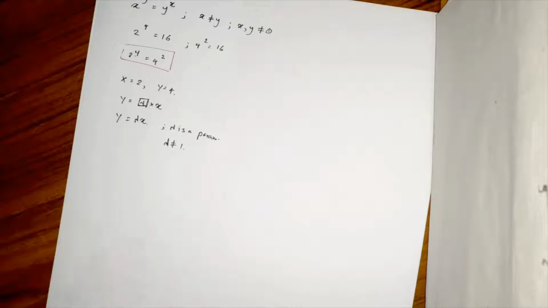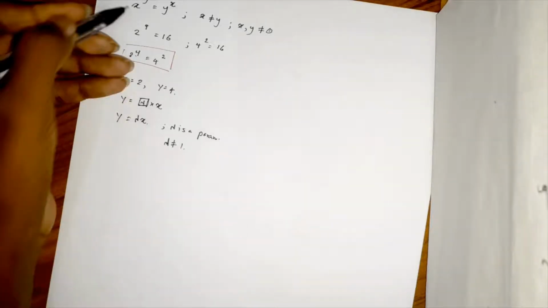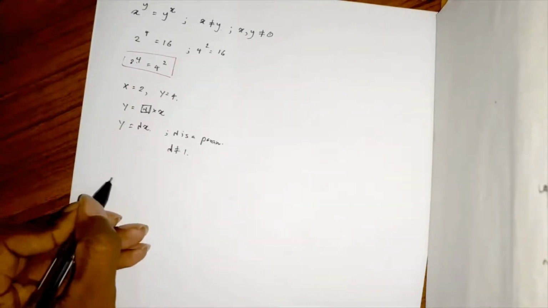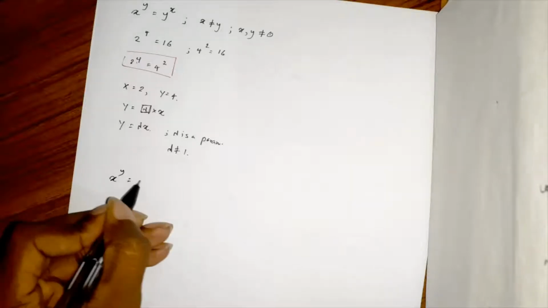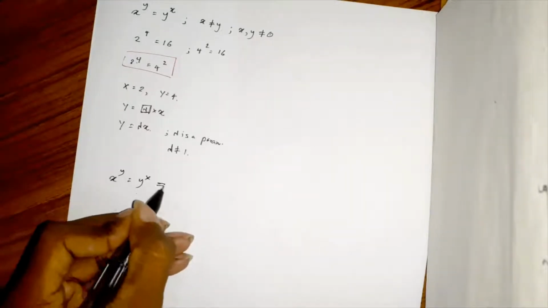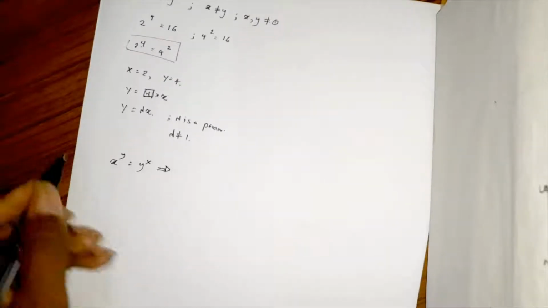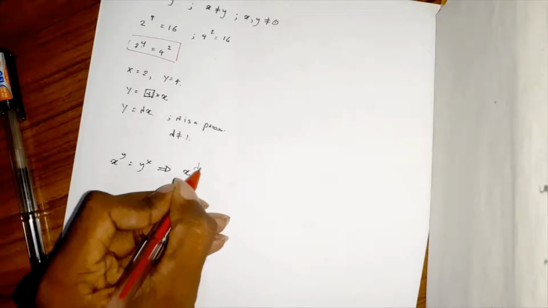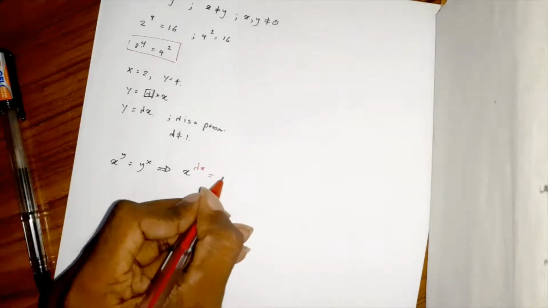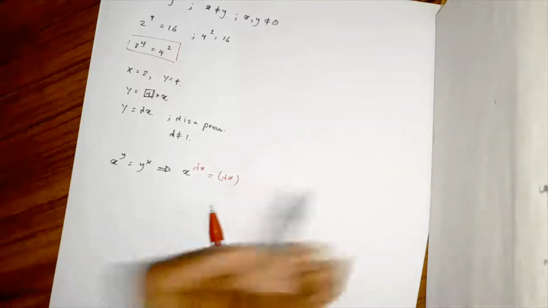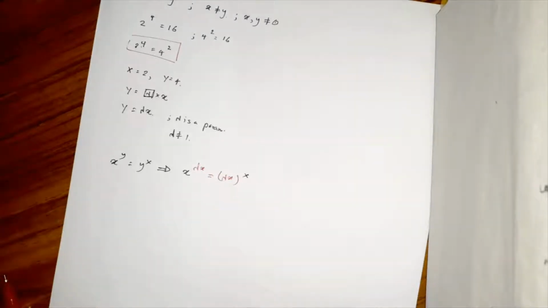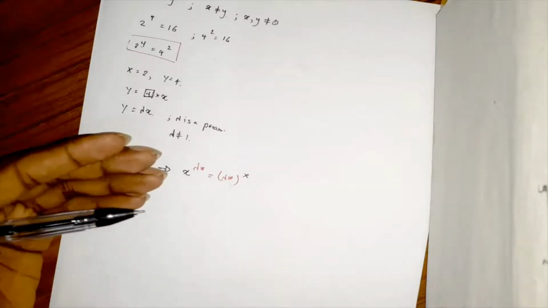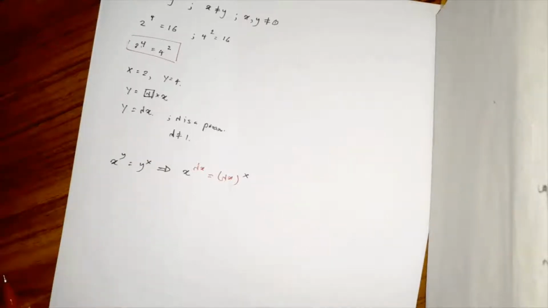Okay, let's plug these values into the given relation x to the power y equals y to the power x. Y is actually lambda x. So x to the power lambda x equals lambda x to the power x. Finally, I want to end up with a relation between lambda and x, and lambda and y.